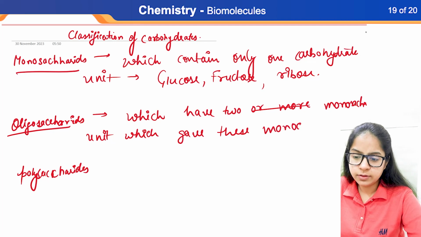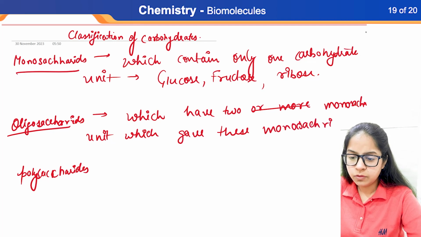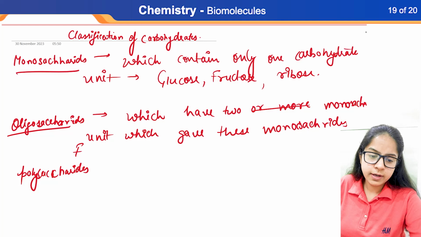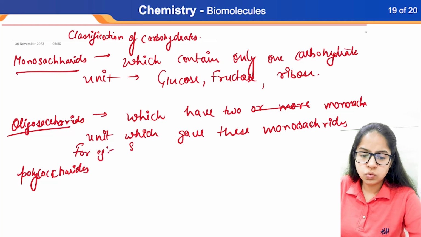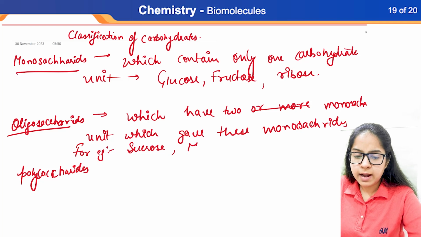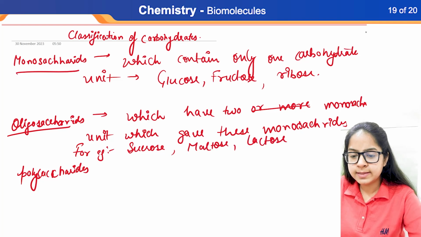Means after the hydrolysis, you will get the monosaccharides. For example, sucrose, maltose, lactose. These are the examples of oligosaccharides.